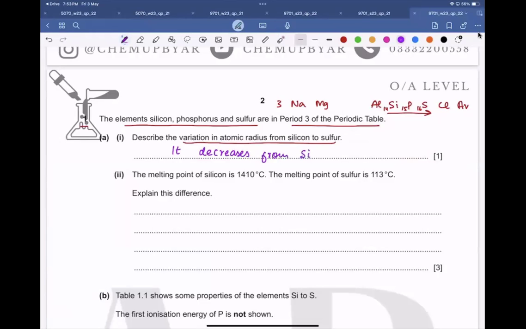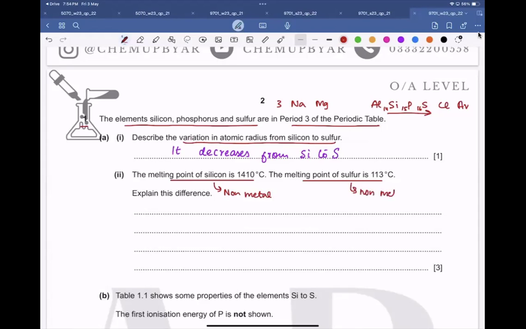So it decreases from silicon to sulfur. Now, the melting point of silicon is 1410 degrees Celsius and the melting point of sulfur is 113 degrees Celsius. If you see, silicon is a non-metal and sulfur is also a non-metal.